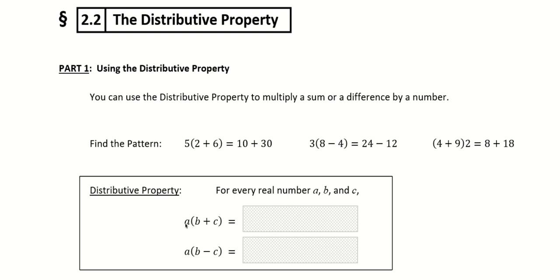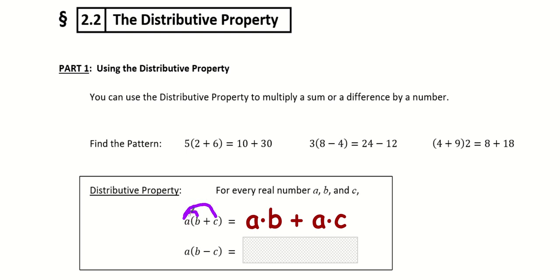It means that if you have a number or a value, whether it's a variable or a constant, that's being multiplied to a quantity in parentheses, like a sum or a difference, you can distribute that multiplication.